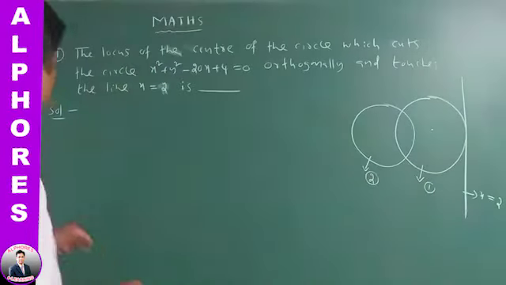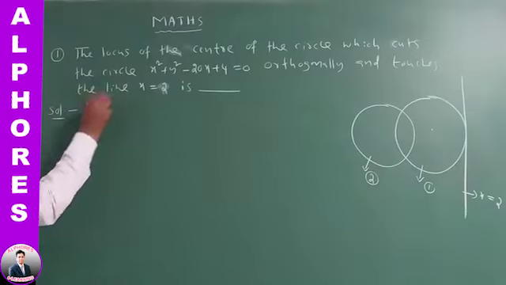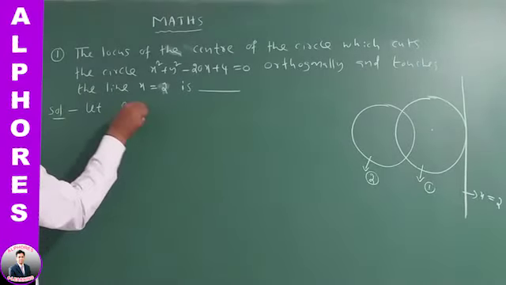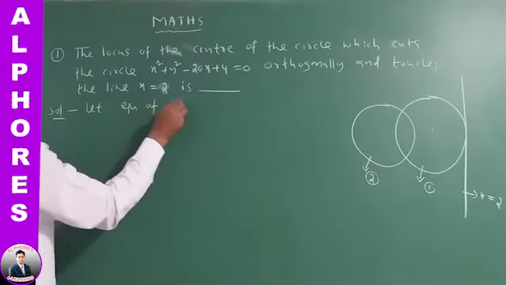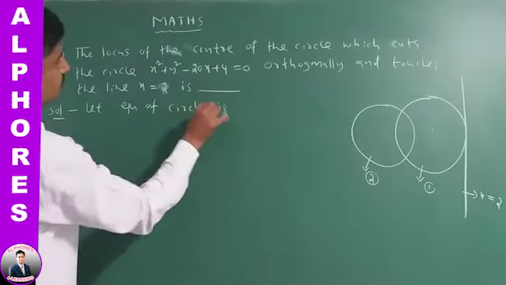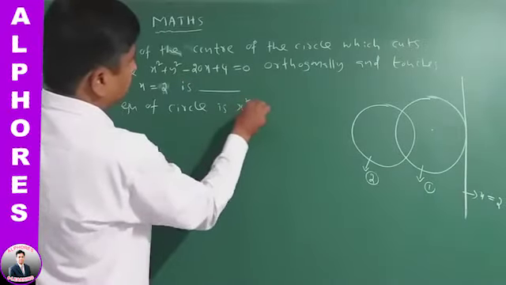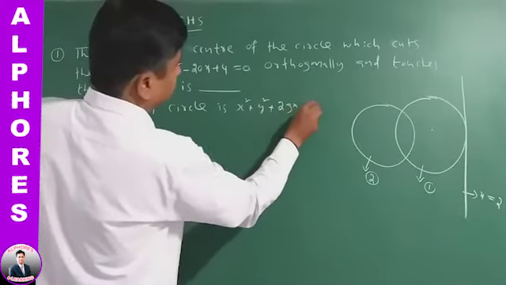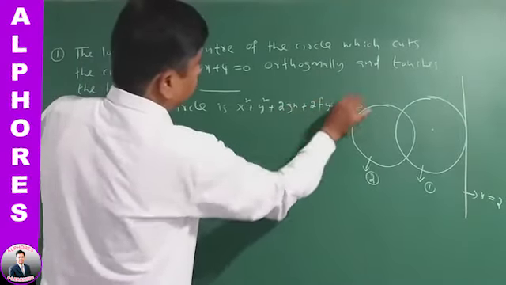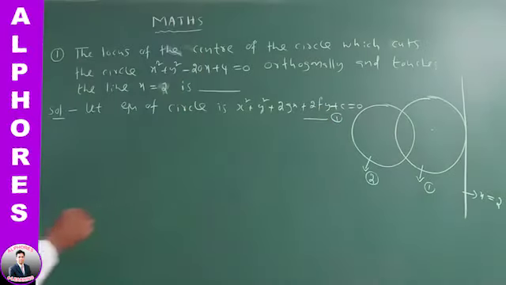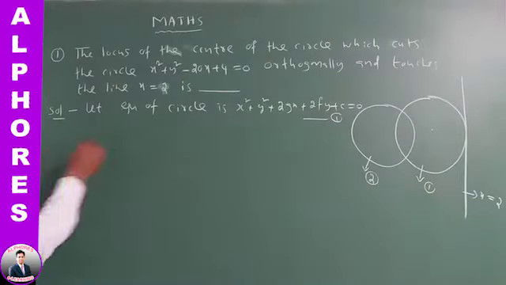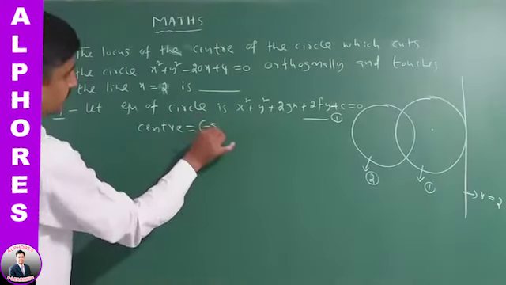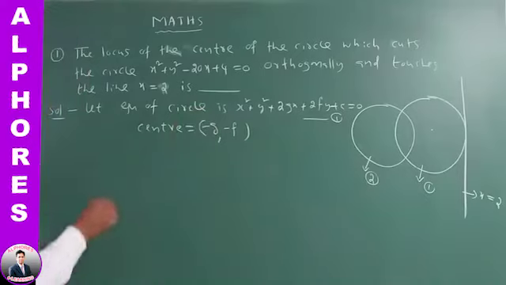Here, let the equation of the circle be x² + y² + 2gx + 2fy + c = 0, equation number 1. Next, the center of this circle is (−g, −f).